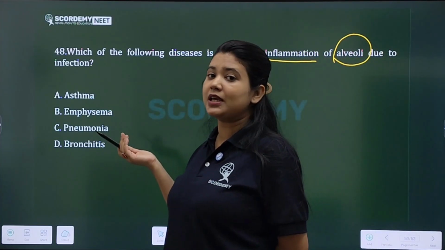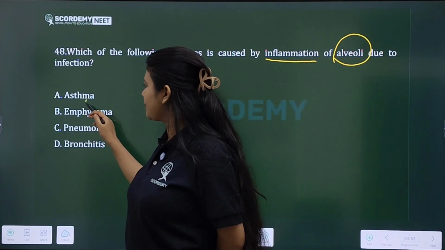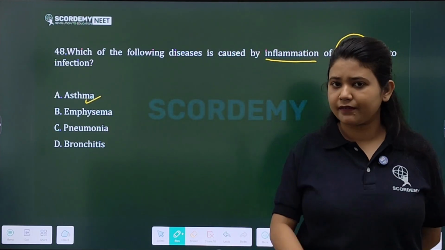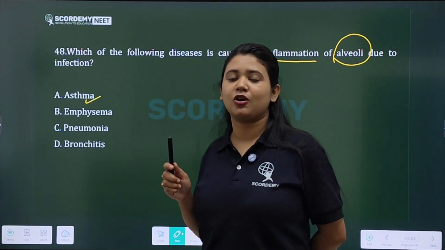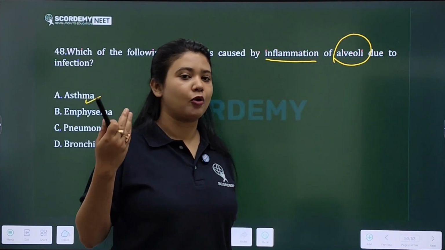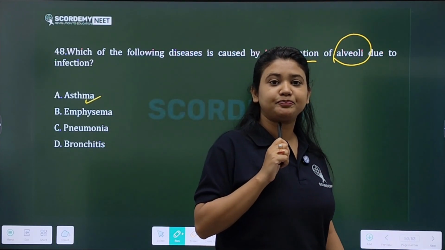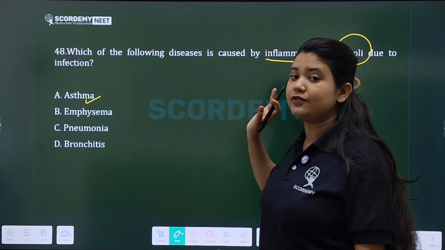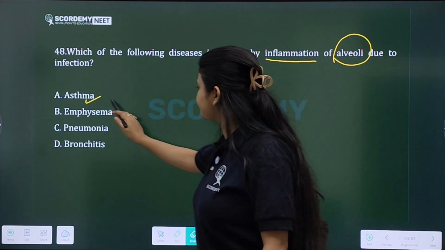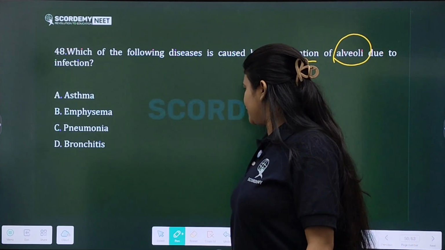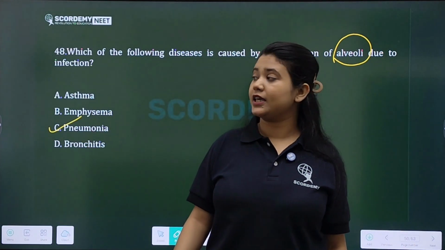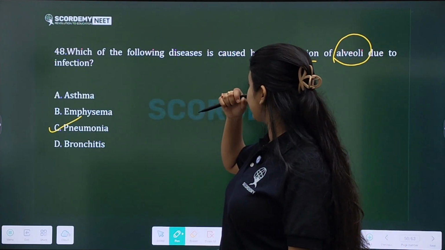We studied asthma, right? In an asthmatic patient inflammation definitely occurs, but it is of your conducting part, that is your bronchi and bronchioles. But in this case you will see inflammation of your alveoli. This condition is related to pneumonia, okay? Pneumonia is an infection.